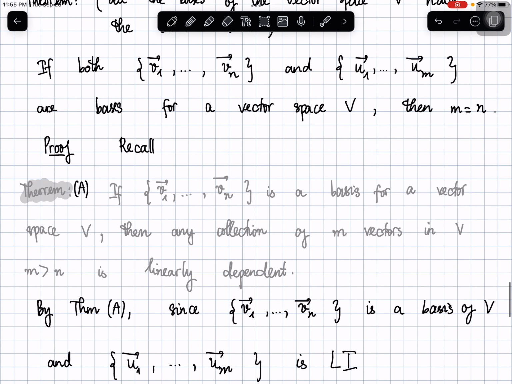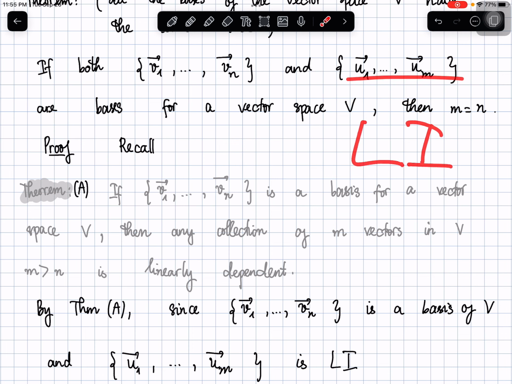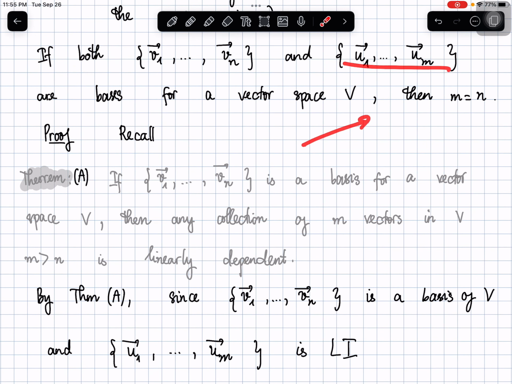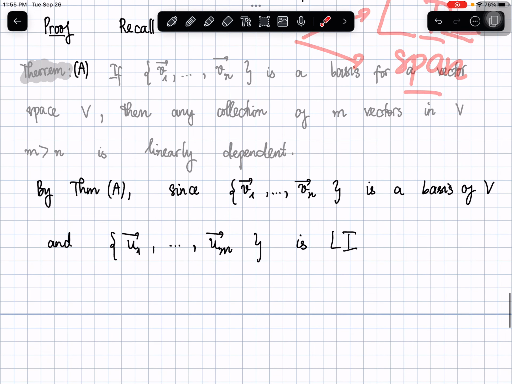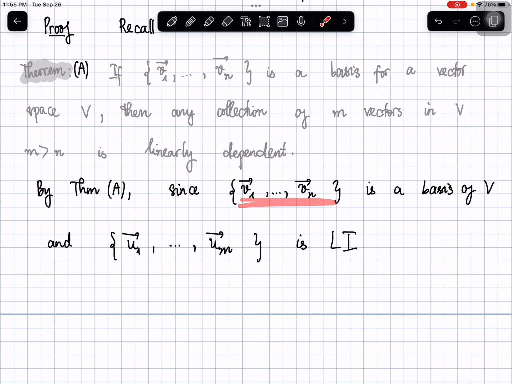Let me say one step before that: this set is a basis of the vector space V. In particular, they are linearly independent, right? Because the two conditions for a basis are linear independence and spanning the whole vector space. So we use this condition. They are linearly independent, and because this one is the basis, by theorem A, m is less than or equal to n.